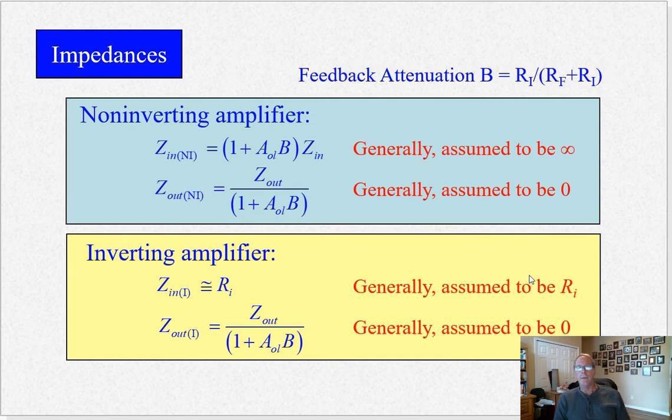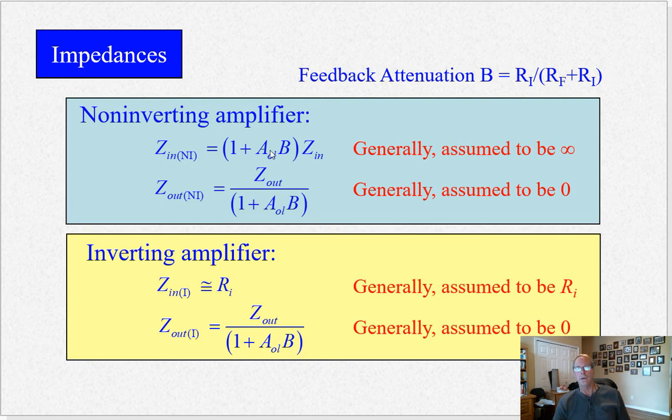Okay, this is what happens to the impedances. The input impedance for the non-inverting input is increased by the open loop gain times the feedback attenuation, which is this expression here. But this is always a number that is much smaller than the open loop gain.